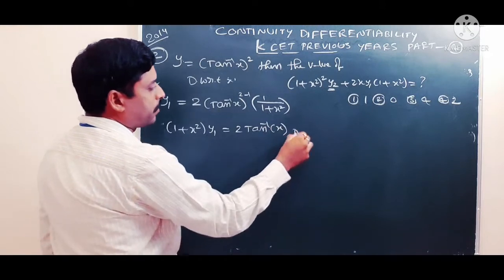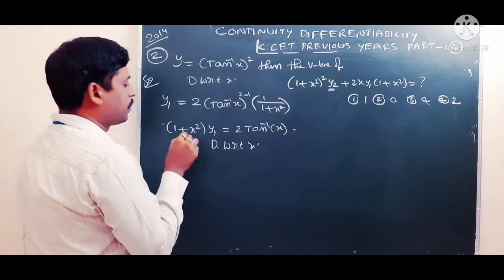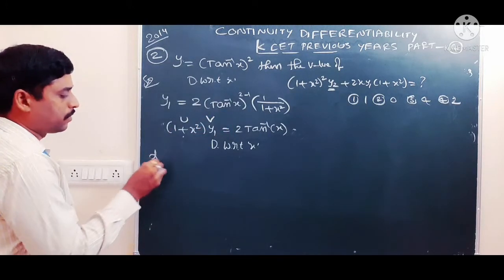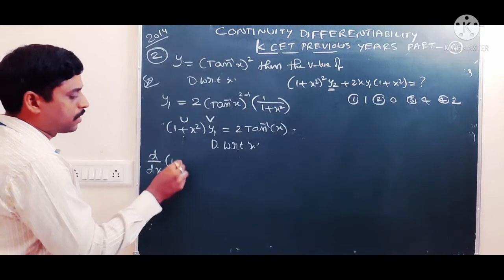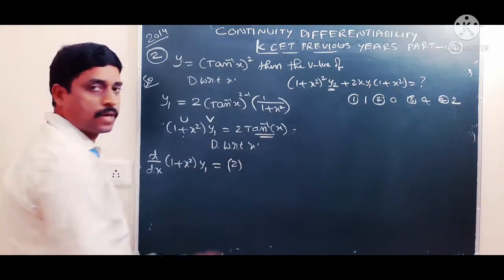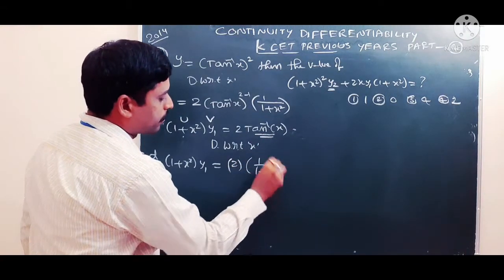So now applying derivative on both sides. By using the UV formula, derivative of (1 plus x square) into y1 is equal to 2 times the derivative of tan inverse x, 1 by (1 plus x square).